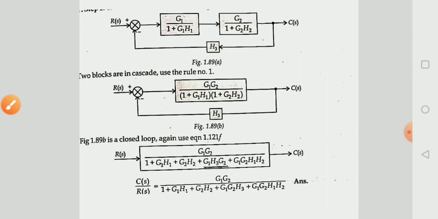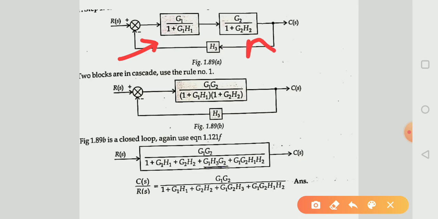The gain of the first block is G1 over 1 plus G1 into H1, and the gain of the second block is G2 over 1 plus G2 into H2, and here is also a feedback path whose gain is H3.